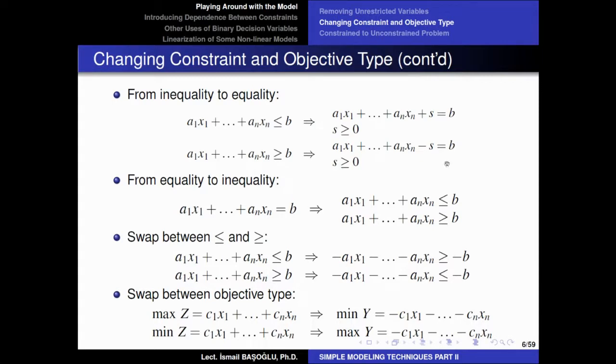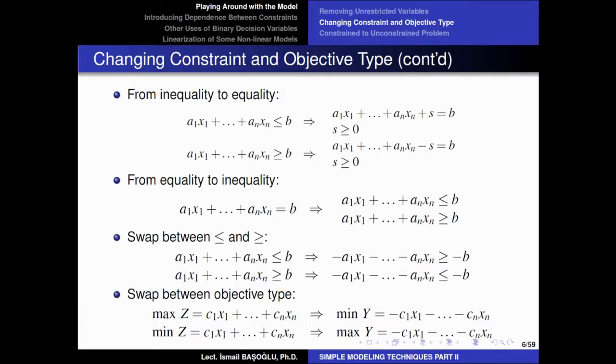Therefore, when you subtract the surplus activity, you need to get exactly the minimal activity level on the right-hand side. So s is again greater than or equal to 0, and this inequality constraint will be converted into an equation form of constraint.